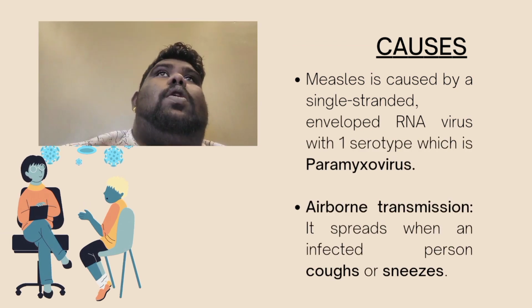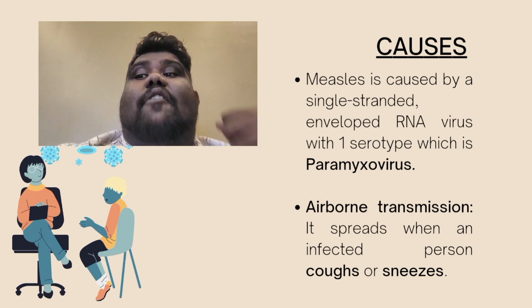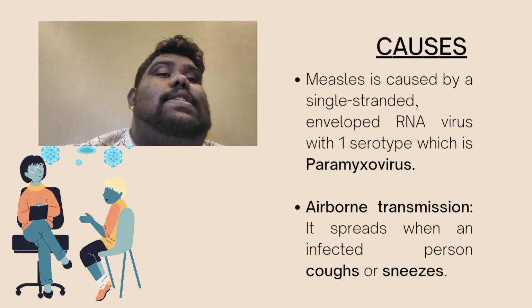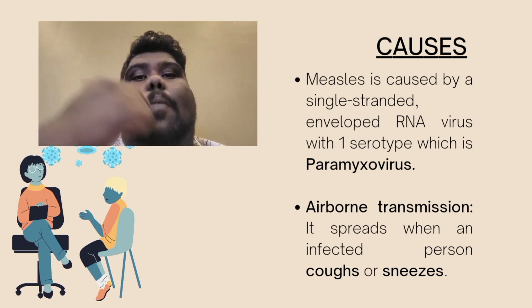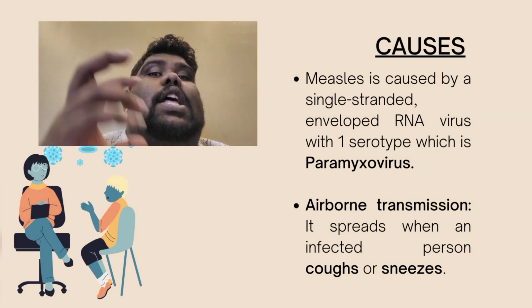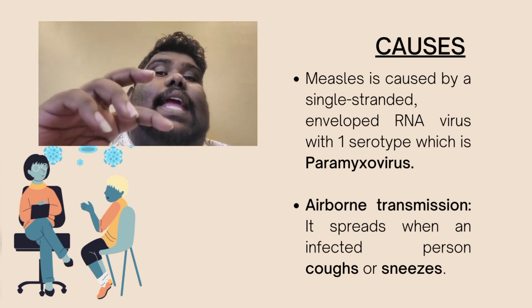As I mentioned before, the cause is the measles virus. But where does the measles virus stay in our body? First, our nose. Second, our mouth. These viruses like to stay in our nose and mouth, and from there they can cause the symptoms.